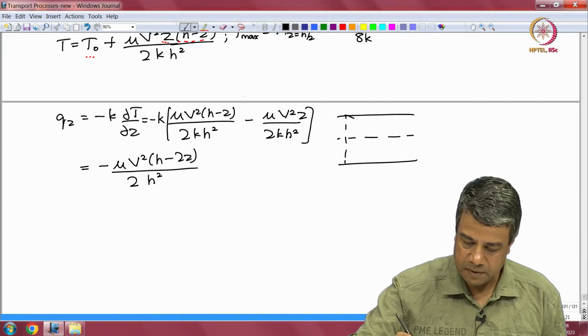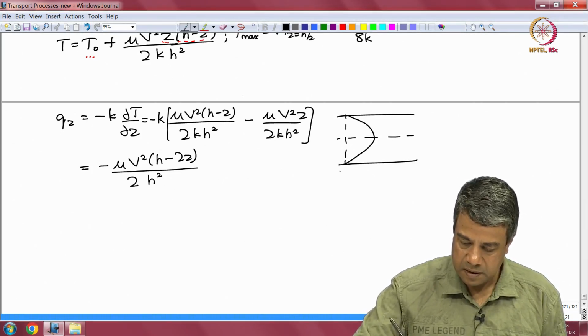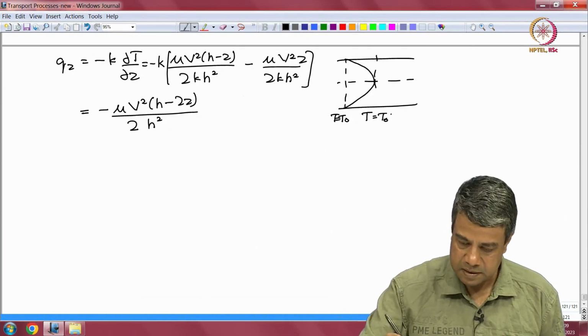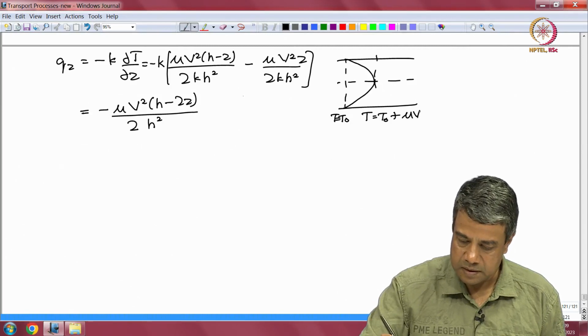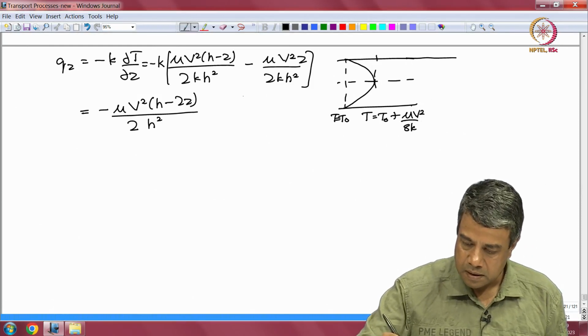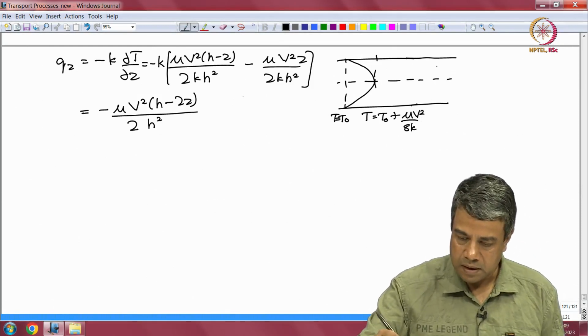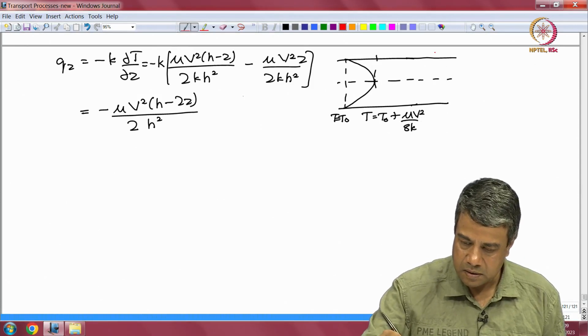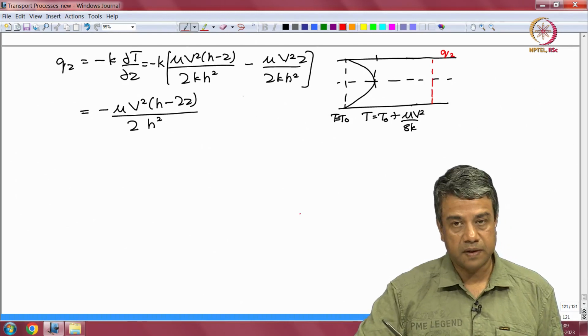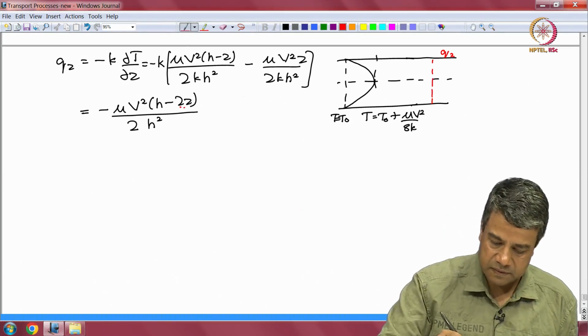The temperature profile we saw was a parabolic profile. T is equal to T naught at the wall, and at the center T is equal to T naught plus mu v square by 8 k. The heat flux, q z, is going to be a linear profile. You can see that it is a linear function of z.